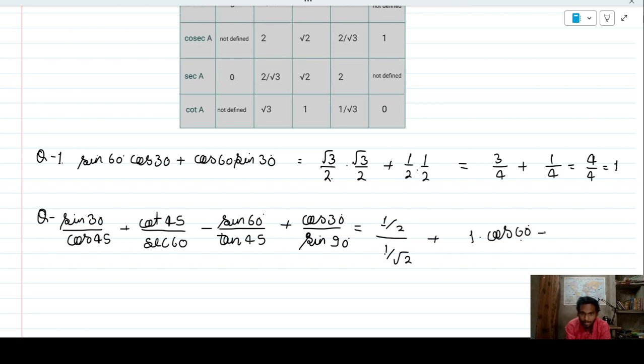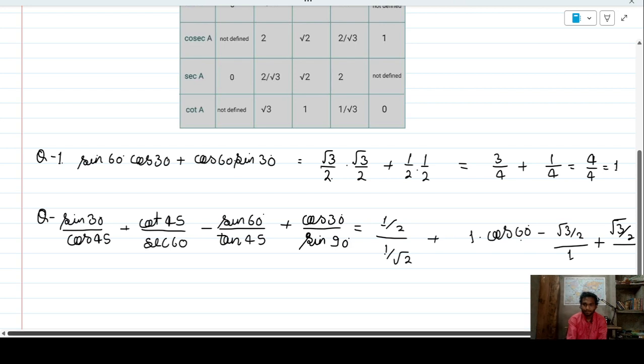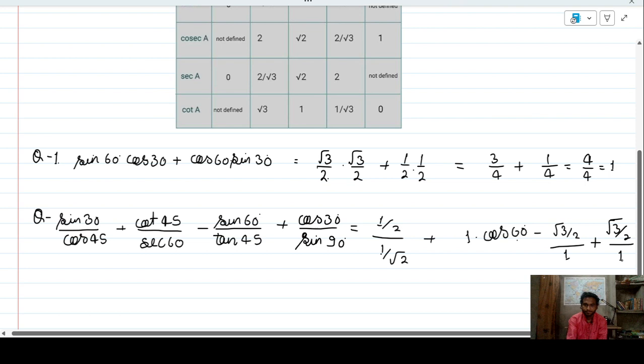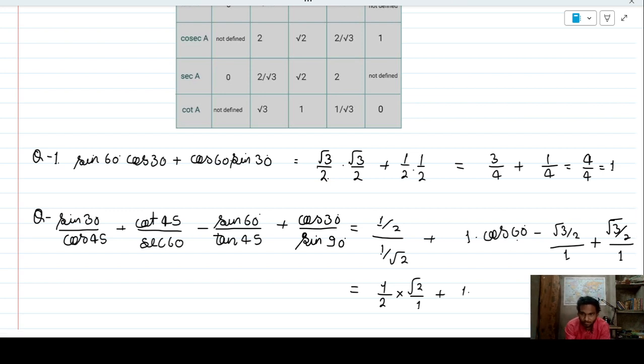Minus sin 60, the value of sin 60 is root 3 upon 2 and tan 45 is 1, plus cos 30, 1 upon root 3 upon 2, sin 90 is 1. 1 upon 2 multiply root 2 upon 1, 1 into the value of cos 60 is 1 upon 2, minus root 3 by 2 plus root 3 by 2.